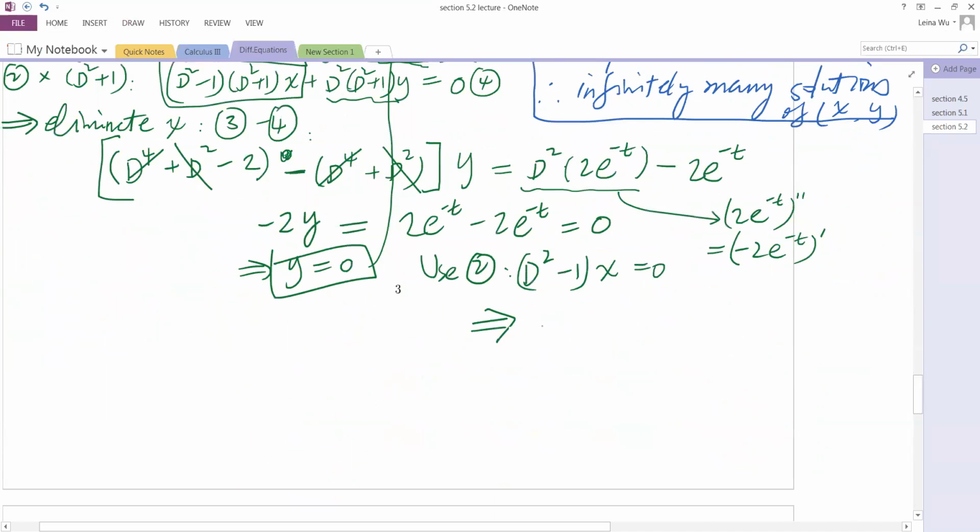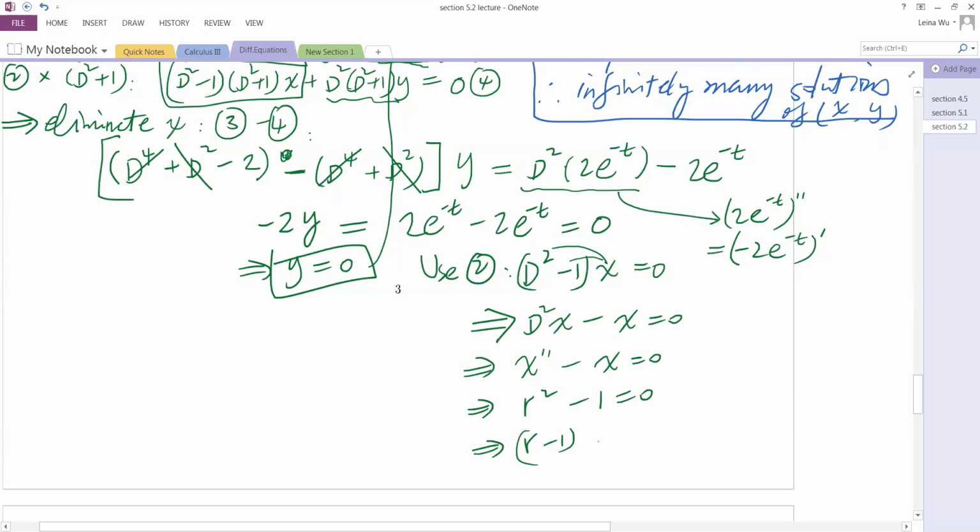You just distribute the d squared and distribute the x. So that tells us d squared x minus x equals 0, which is x double prime minus x equals 0. Therefore, r squared minus 1 equals 0. (r minus 1)(r plus 1) equals 0. r1 equals 1, r2 equals negative 1.